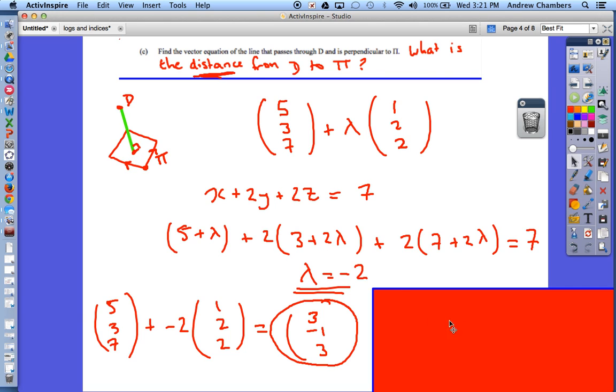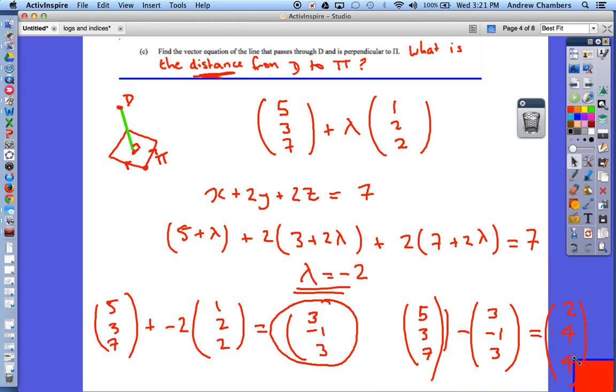To find the distance between those two points, I take 5, 3, 7, which is point D, and take away the point of intersection, which is 3, -1, 3. That gives me 2, 4, 4. That is the vector that represents how to get from D to the point of intersection.